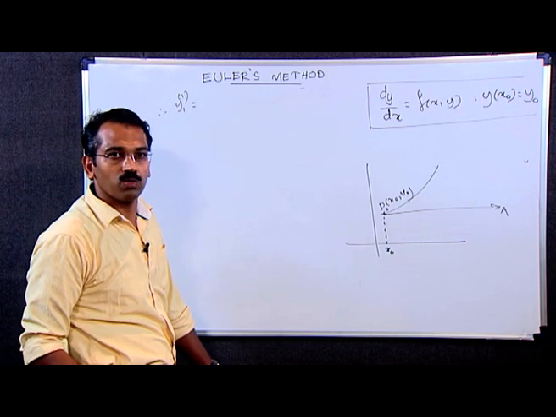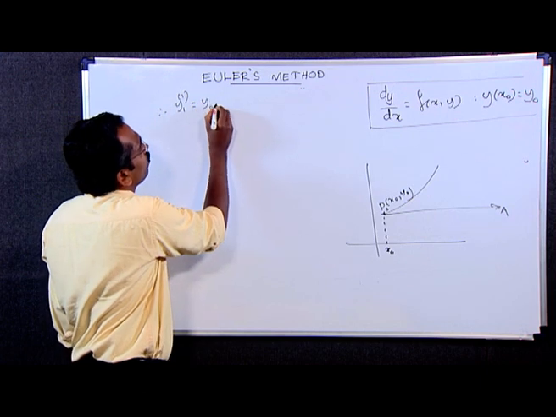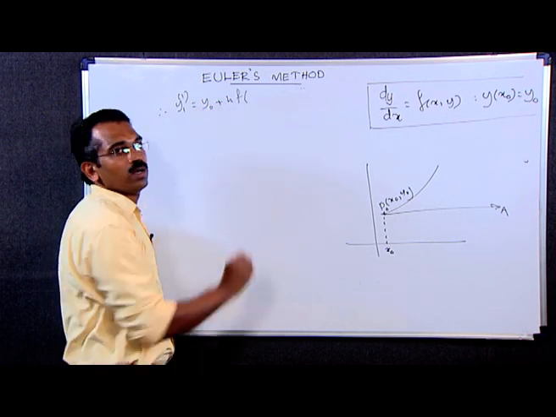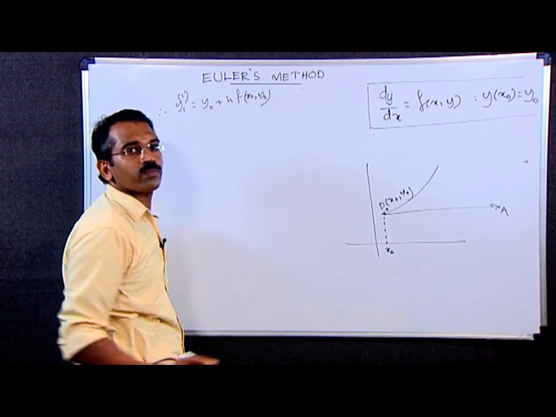y 1 superscript 1, which means the first approximation of y 1, is equal to y naught plus h into f of x naught y naught.